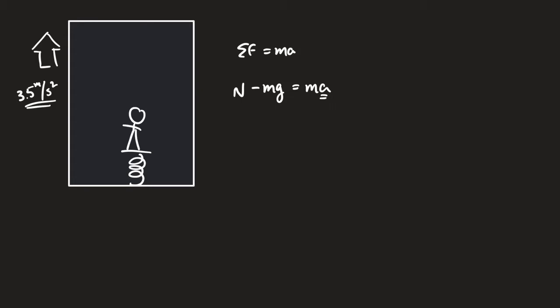Now, the normal force on them is from the spring. I don't really think I have to talk about that too much. And I don't think I need to convince you that the normal force is equal to kx for the spring. Is that okay with all of you? Do you need more than that for an explanation? All right. So kx equals mg plus ma.